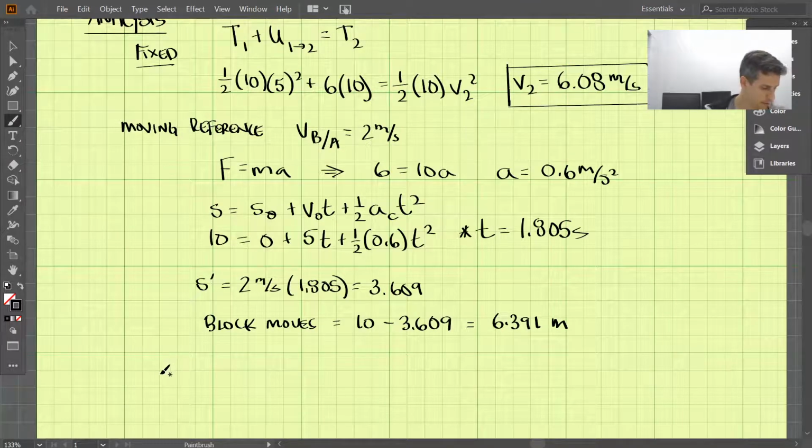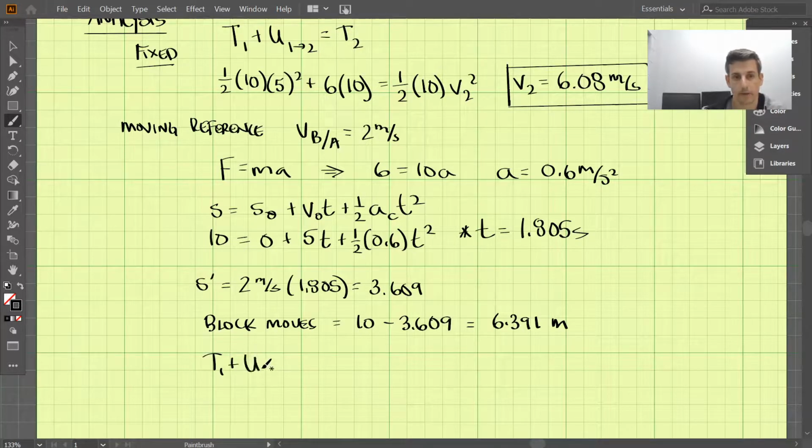All right, so let's use our work energy equation. We have T1 plus the work from 1 to 2 equals T2.